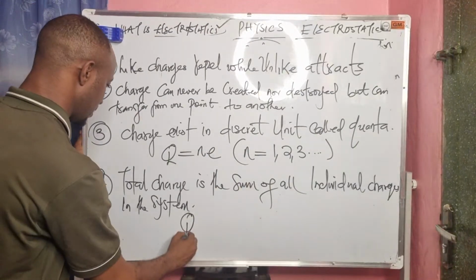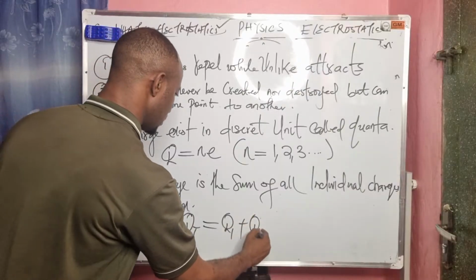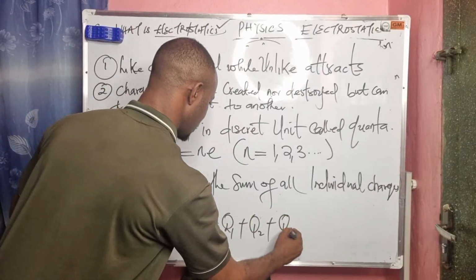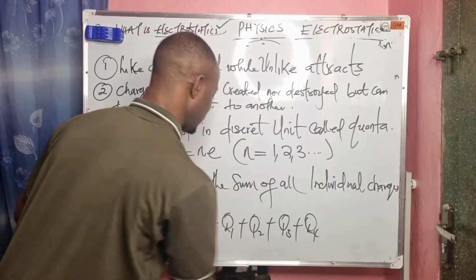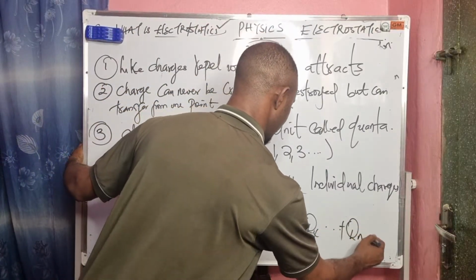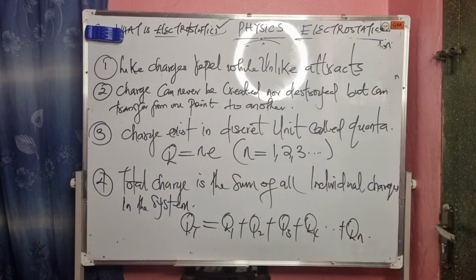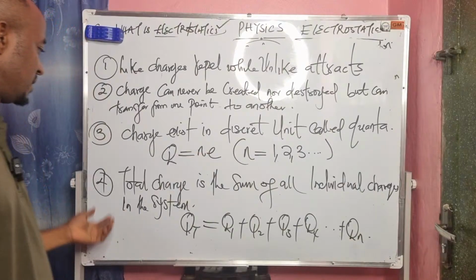That is, Q total equals Q1 plus Q2 plus Q3 plus Q4 plus Qn. The total charge of the system is the sum of individual charges in the system.